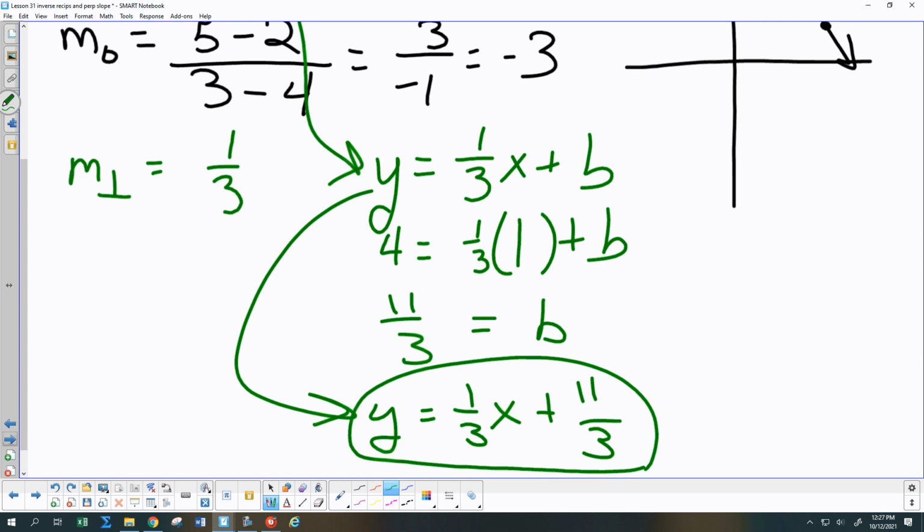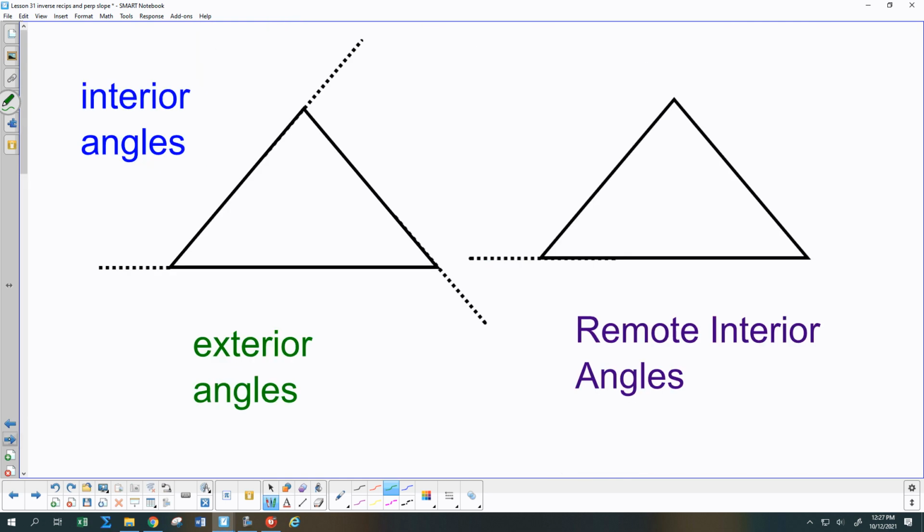Okay, and we're going to change gears completely and do some geometry. Now, you've already been working with what we call interior angles anytime you've done triangle sum. You've taken the 3 angles that are on the inside, or they are interior angles. We're going to talk about something today, which is exterior angles.